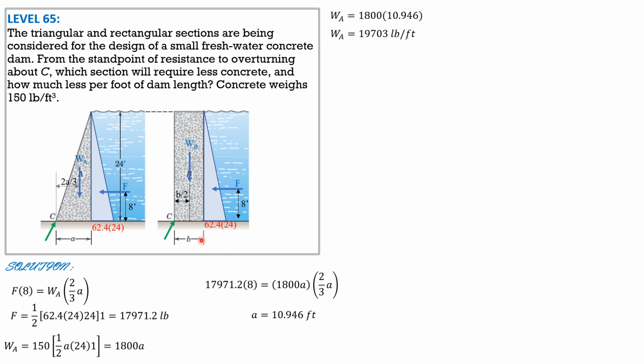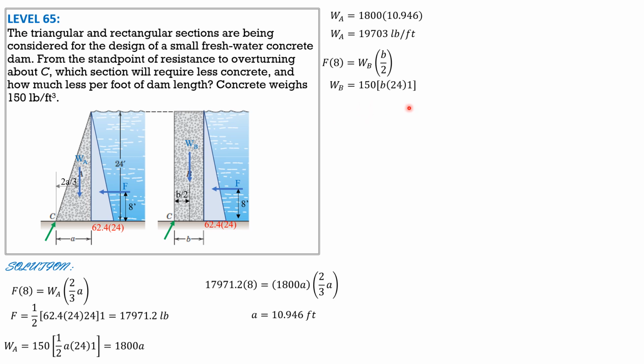For part B, F times 8 equals weight B times B over 2, where weight B is 150 times B times 24 times 1.